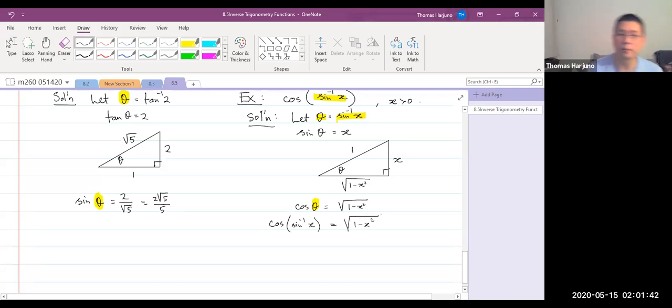Okay, suggested homework from here. I'm not done yet. I can do more, but at least I have done most of what I want to do. From 8.5, I would like you to do, without a calculator, number 1 to number 19, and then number 25 to number 33.